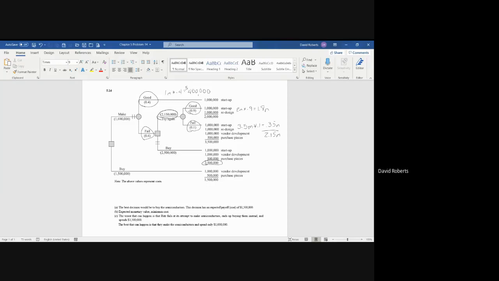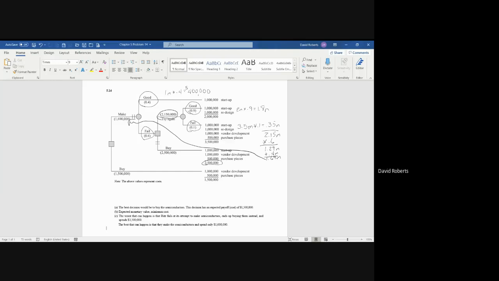So you're going to take the 2.15 million, multiply by 0.6, and you get 1.29 million. So you add that to the 400,000 and you get 1.69 million. And that number, I'll draw it, is where this number comes from.